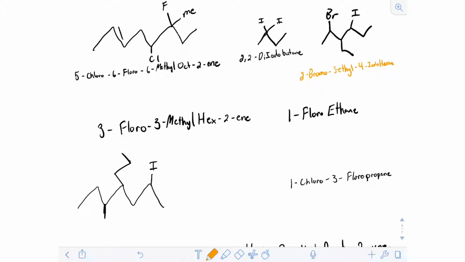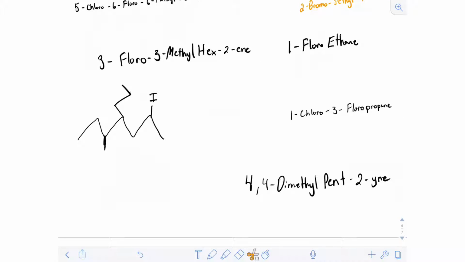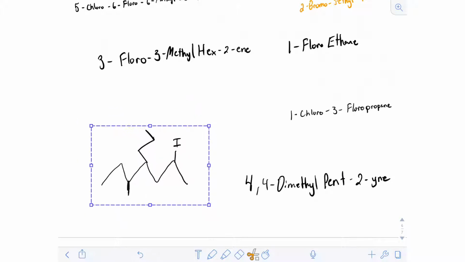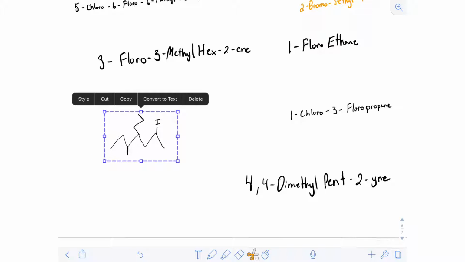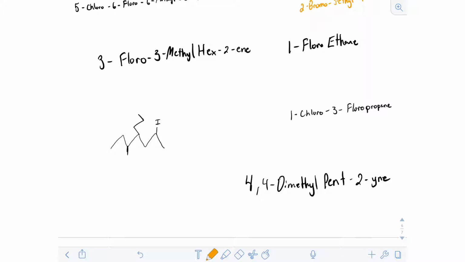And then next up, shrink this. Next up, we've got our 3-fluoro, 3-methylhex-2-ene. So you should have gotten a structure that looks similar to this. And then next up, we've got our fluoroethane.